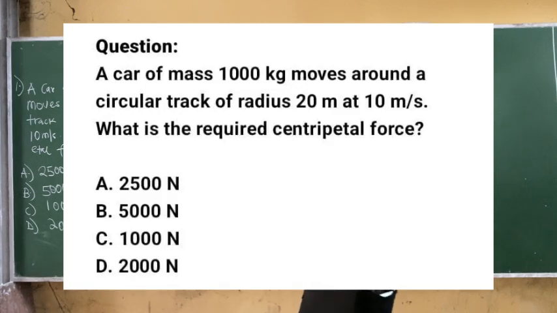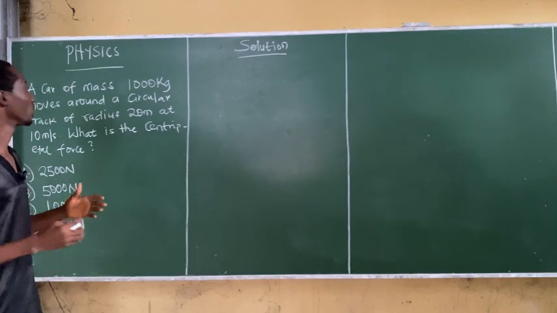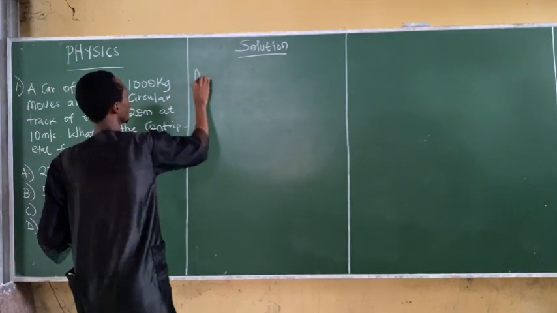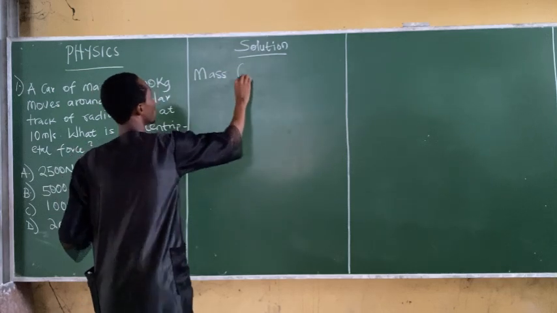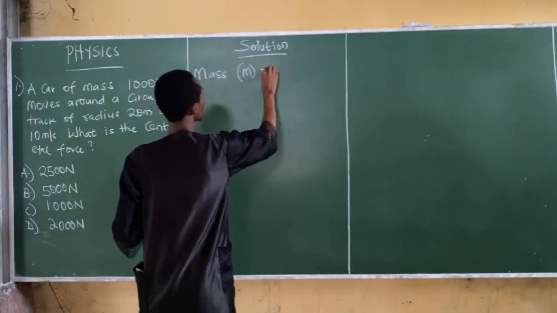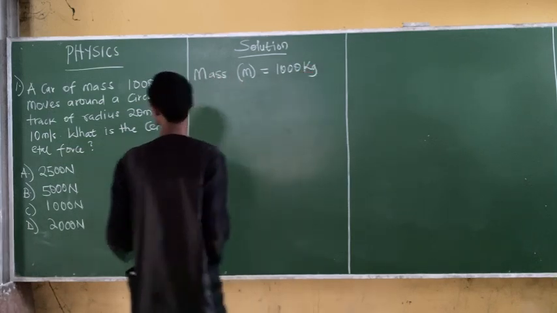Now, the question says a car of mass. From the question, you were given mass. That mass is equal to 1000 kg.